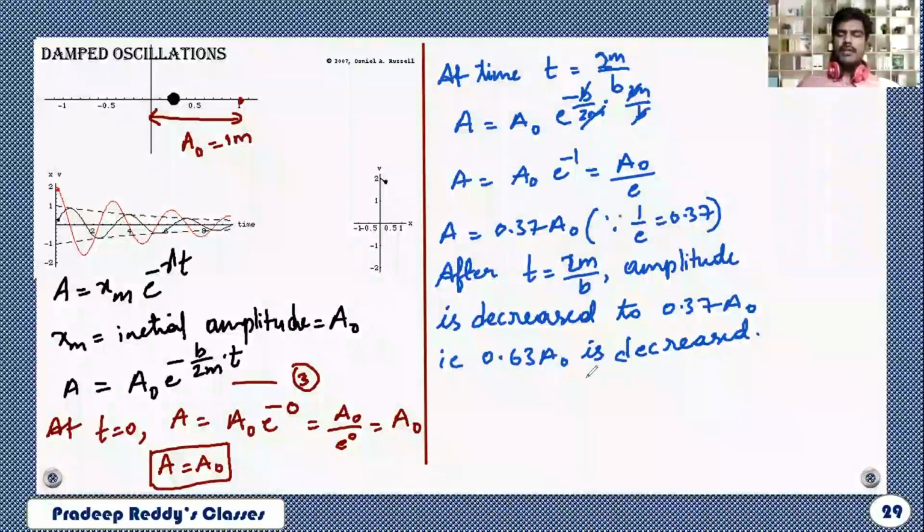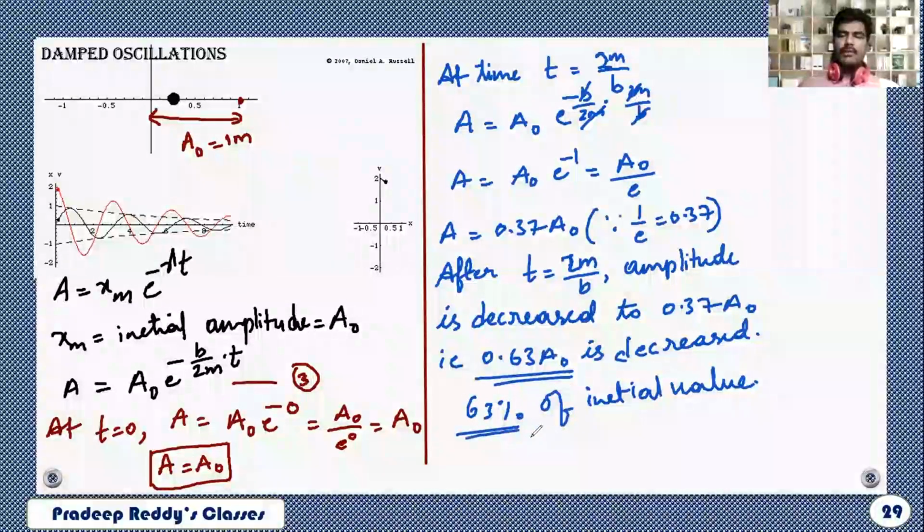So amplitude is decreased by 63 percentage of the initial value. So 63 percentage is being decreased and finally left over with only 37 percentage of the initial amplitude.